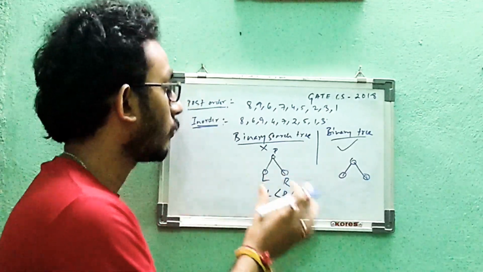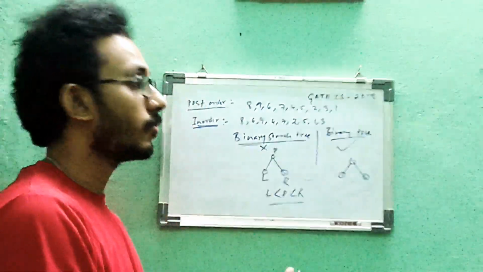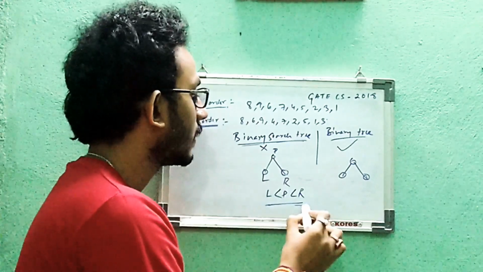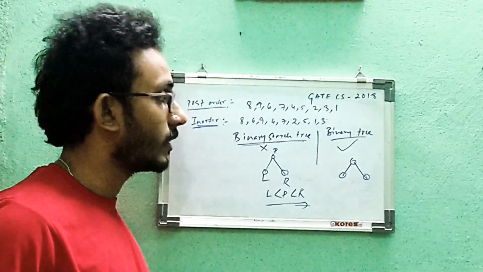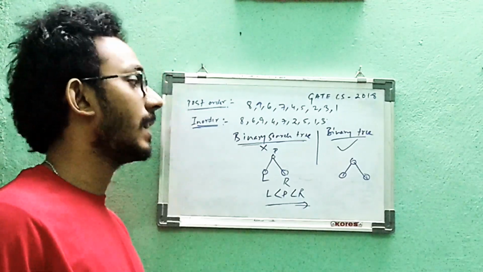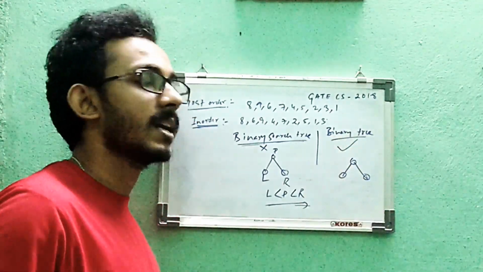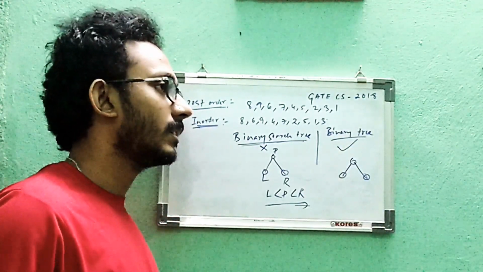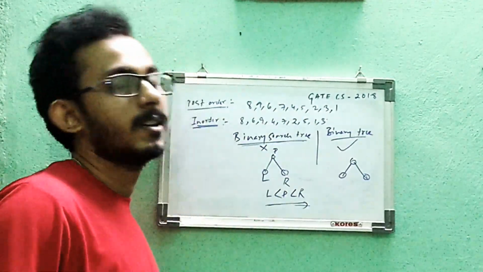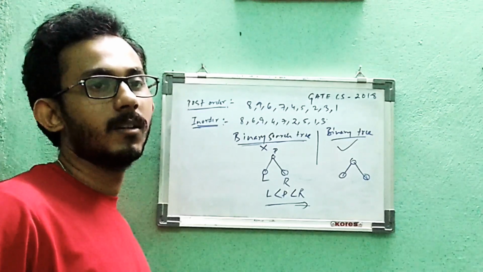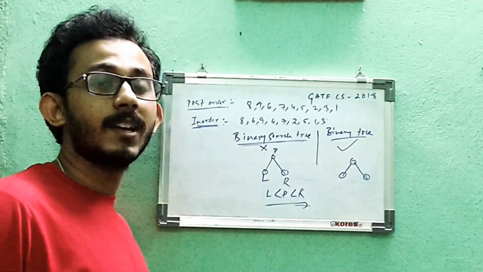This order is followed in a binary search tree, because of which we get the in order traversal in increasing, sorted order. But this is not the case with binary trees. Binary trees simply tell that the parent can have a maximum of two children. Other than that, there is nothing like the left child should be smaller than the parent and the right child should be greater than the parent. These things are only there in a binary search tree.